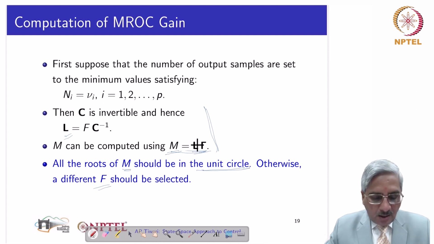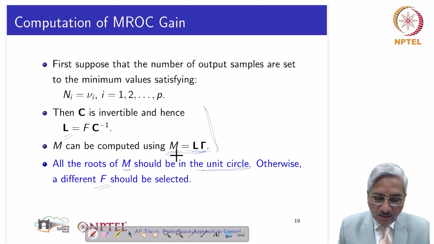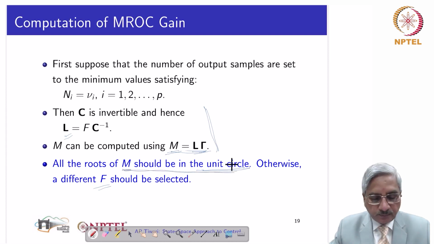So that is where one limitation of multirate output control is that it will realize most of the state feedback gains. Sometimes it may not, because this condition may not get satisfied.